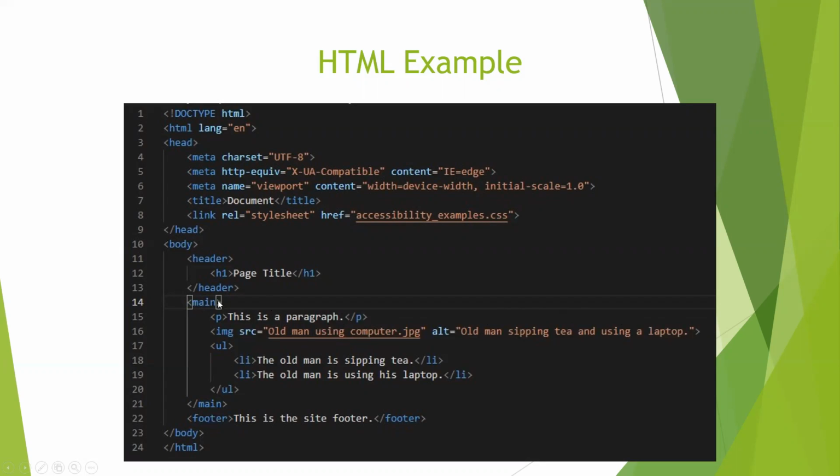I used a list here, pretty standard stuff you should all be familiar with. Created a paragraph element for a paragraph. So it's pretty simple when it comes to HTML. Just try and use your best judgment when it comes to the elements that you're using, and remember to add text to your images.